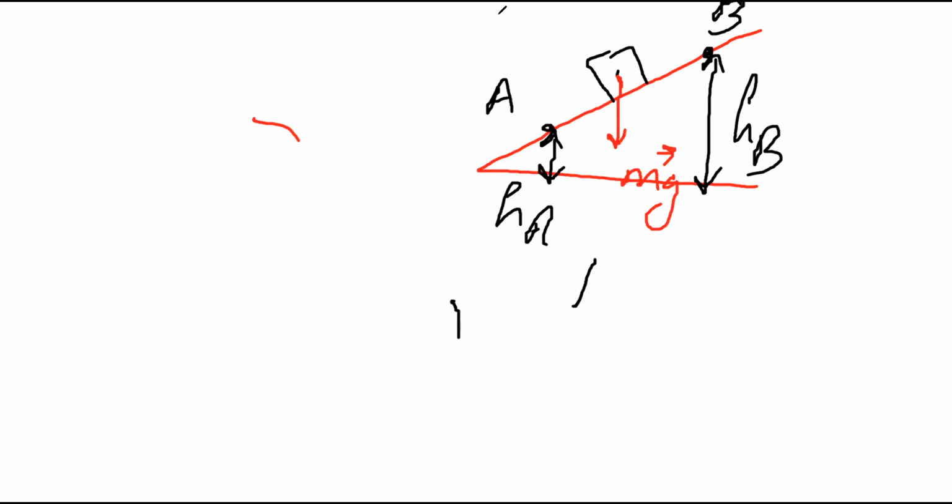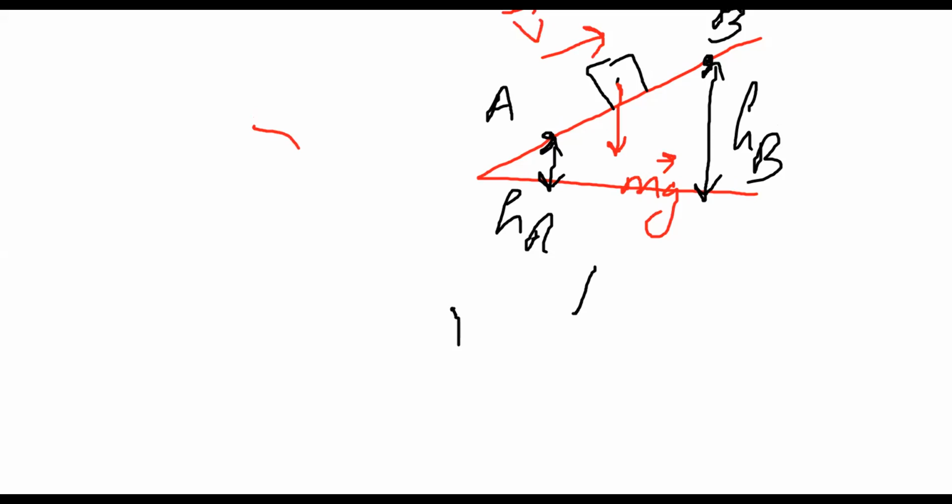Similarly, like in the previous case, work done by mg for an object moving up the inclined plane is mg dot displacement AB, but in this case, the work will be negative. Let's see.